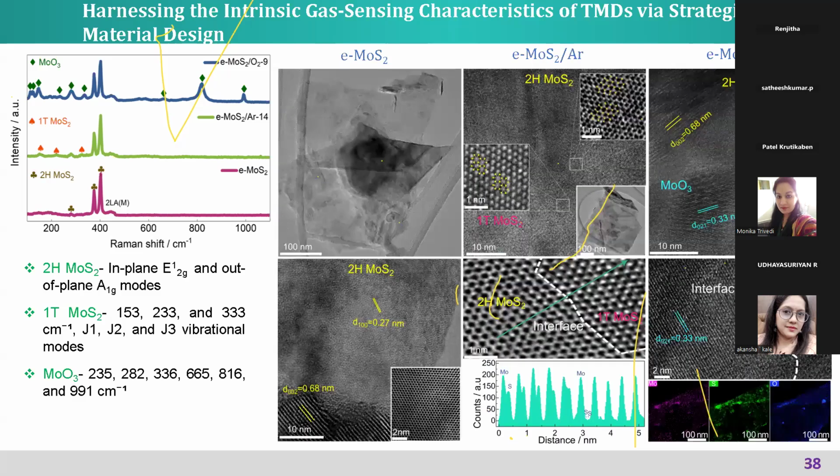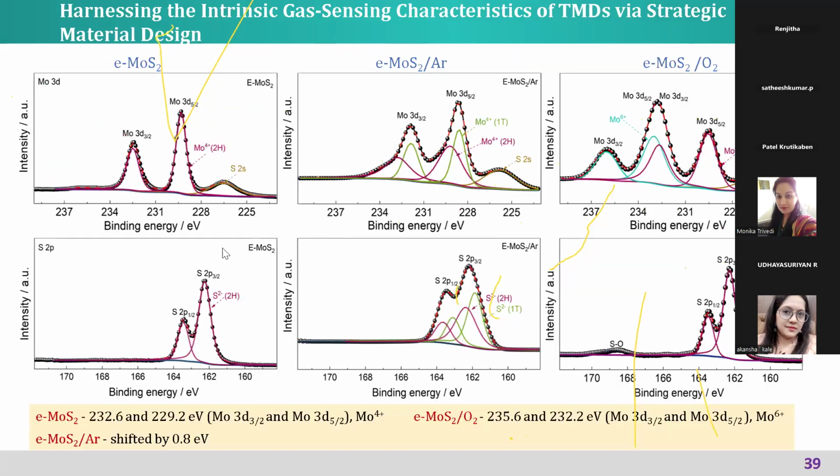These are the two samples we produce. These samples are characterized using electron microscopy, and we show the different phases present. And this is the XPS analysis, a similar structural characterization for finding the different chemical compositions.